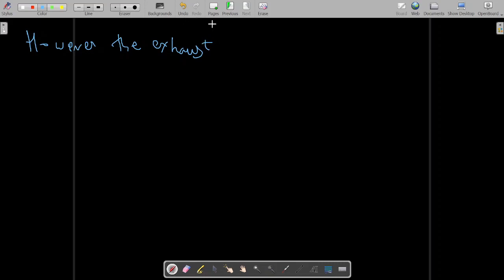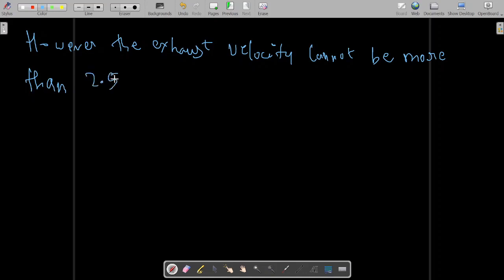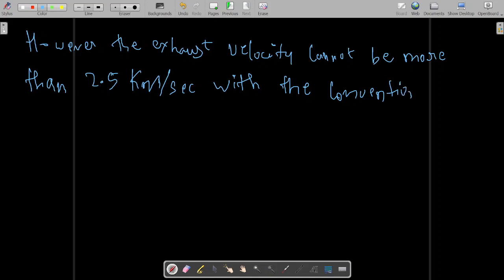The exhaust velocity cannot be more than 2.5 kilometer per second with the conventional chemical fuels.